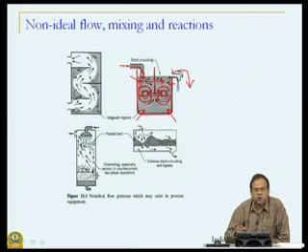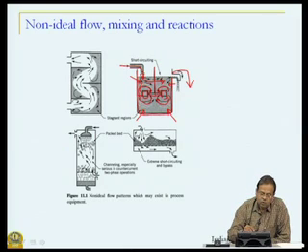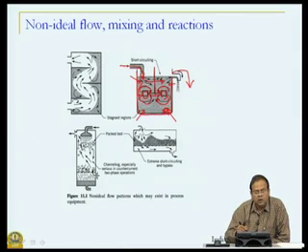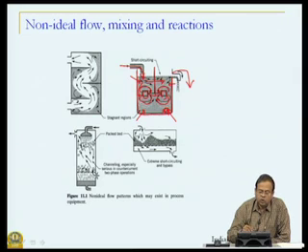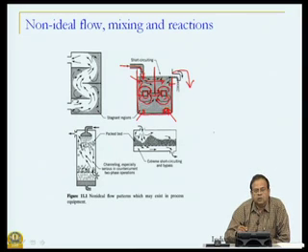That is one possibility. Other possibility is that some of the liquid comes to this region, which is corner of a reactor, and stays there for a long time, or sometimes what seems like forever, and therefore does not participate in whatever else is happening in the reactor.